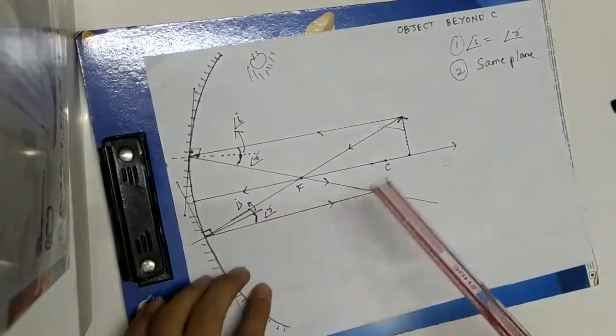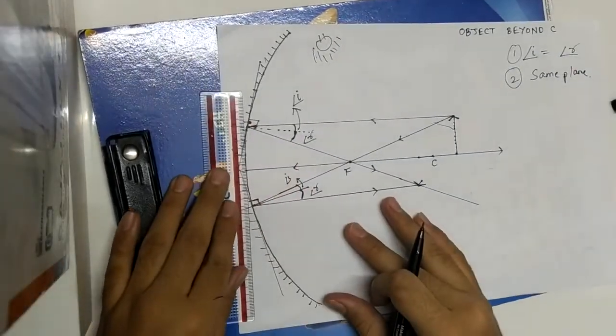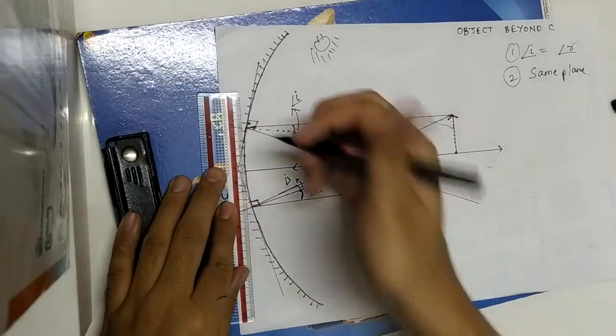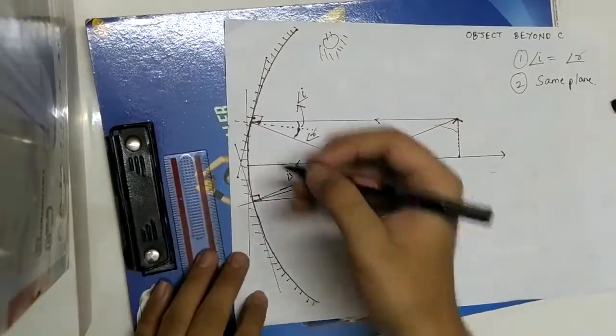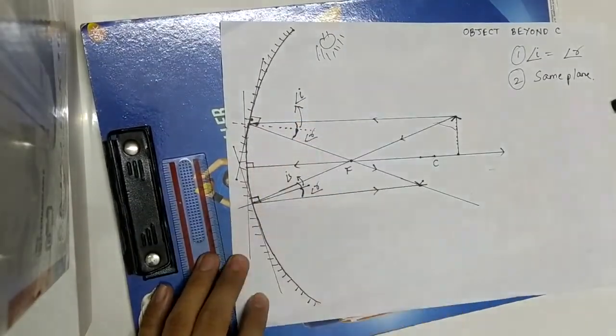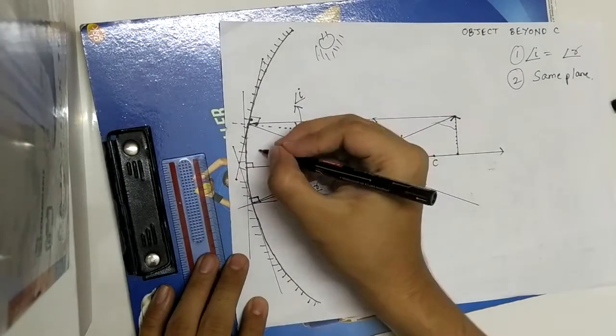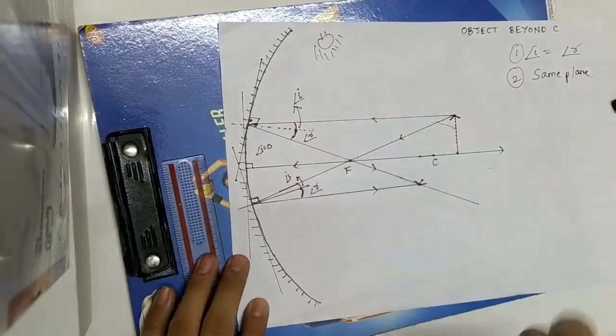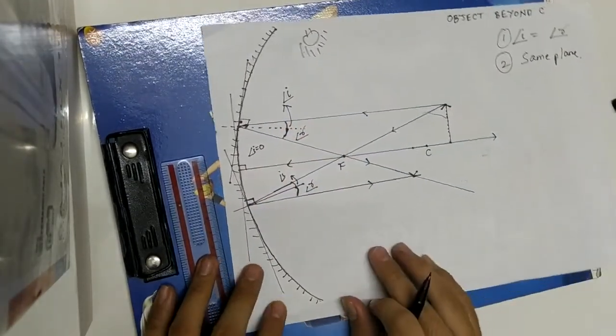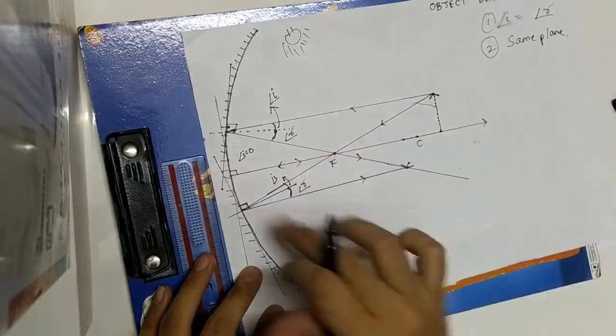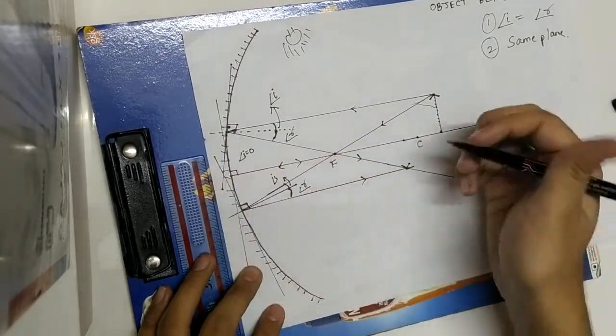Then what is the normal at this point? See here the normal is the principal axis itself, so the angle of incidence here will be 0. So the angle of reflection also has to be 0, so the ray will come back like this.